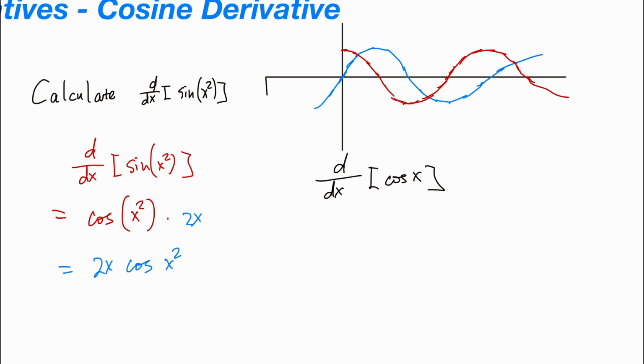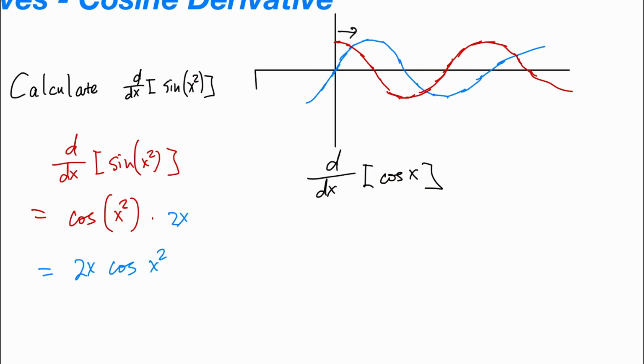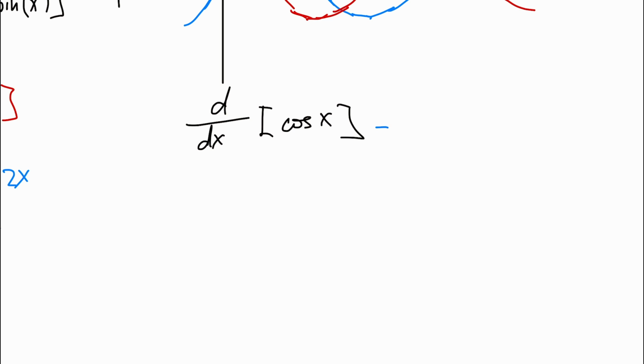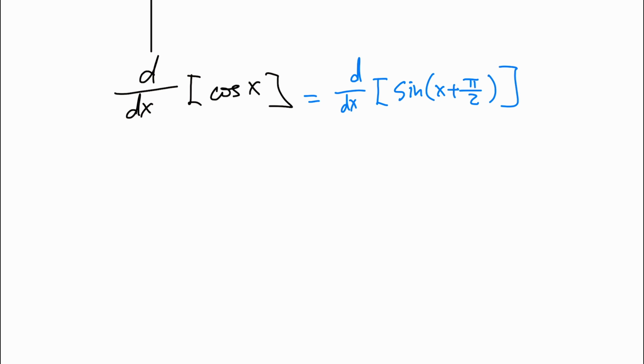If we shift the cosine of x by, let's say, half of pi, then we can get the exact function. If we shift it in either direction, because they repeat every 2 pi, then we have the derivative with respect to x of sine of x plus pi over 2. We can use the chain rule to do that because we know what the derivative of sine of x is.